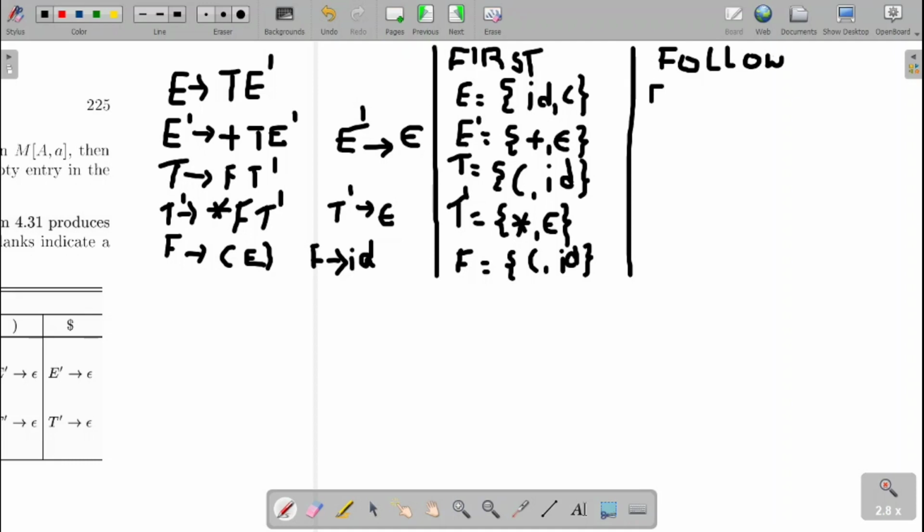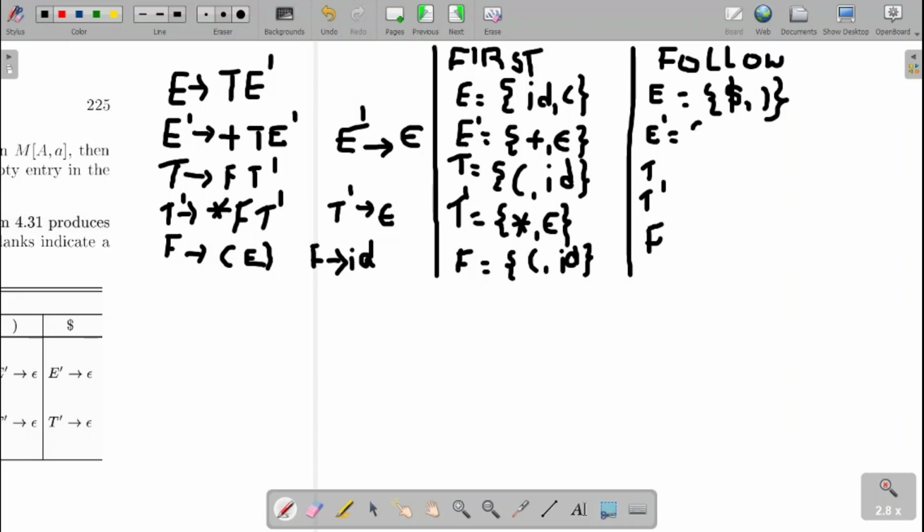Follow of E, follow of E dash, follow of T, follow of T dash, follow of F. For follow of E, since E is the start symbol, we put dollar by default. Then search for E on the right side. What is next to E? Close parenthesis. So follow of E is dollar and close parenthesis.